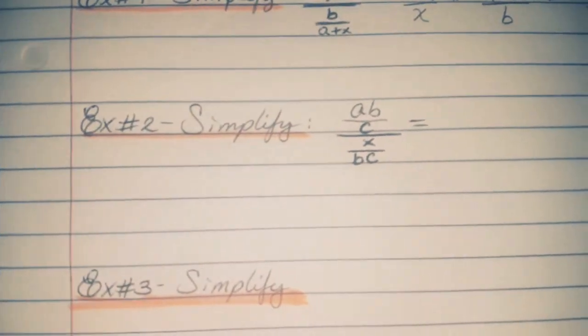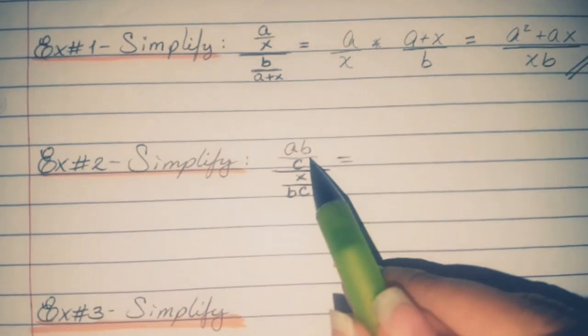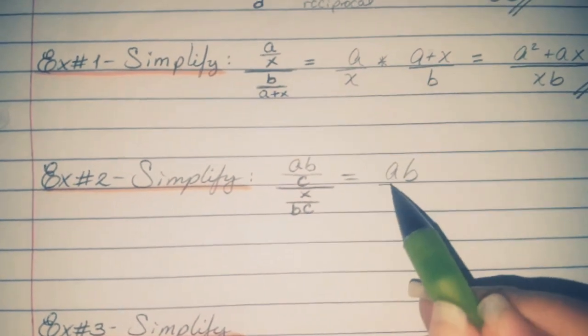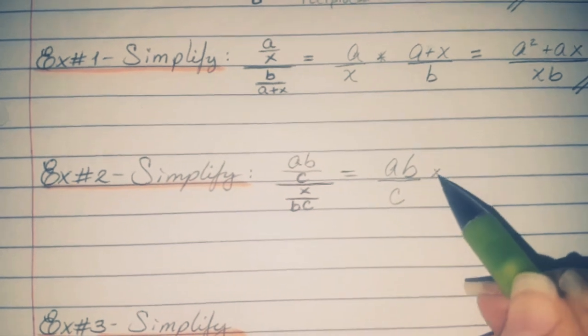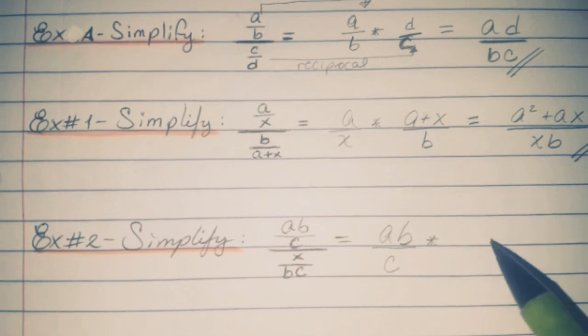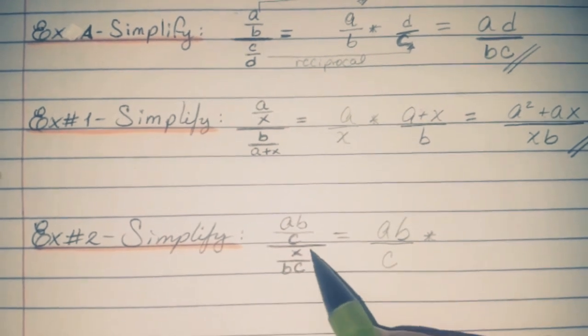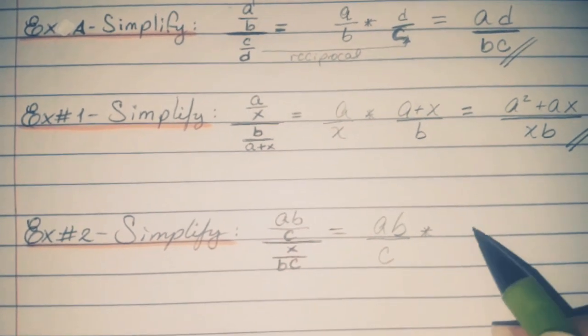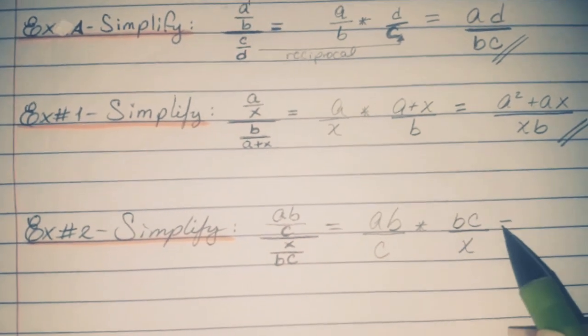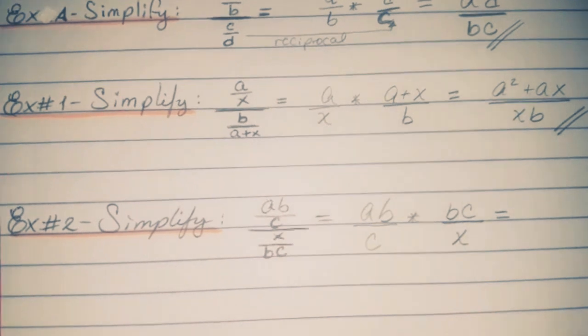Let's continue with example 2. First one, normal. AB over C times the second one in reciprocal. The reciprocal of X over BC is BC over X. Now everybody is being multiplied.